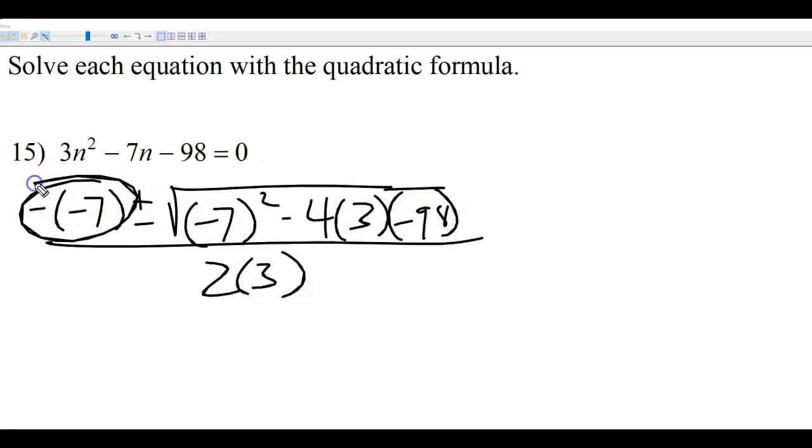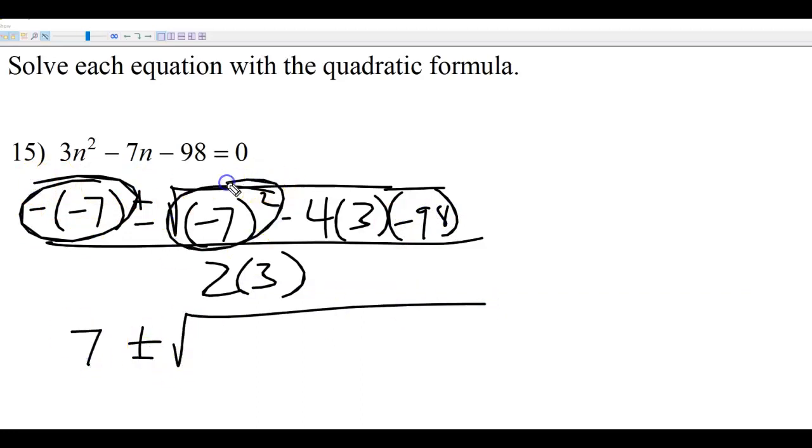All right, so double negatives there makes that a positive 7. When you square a number, it becomes positive, so that's a positive 49. Ooh, that's a pretty big number. That's no fun. Let me get my calculator out here.